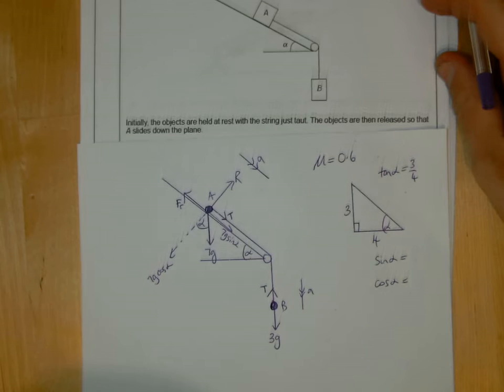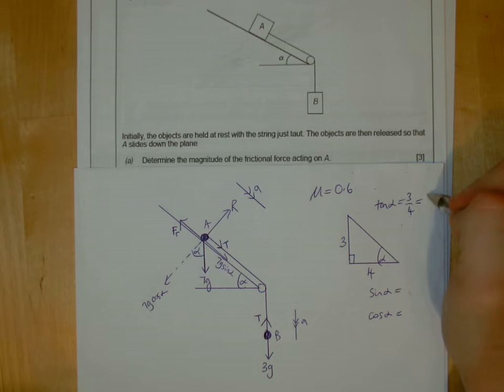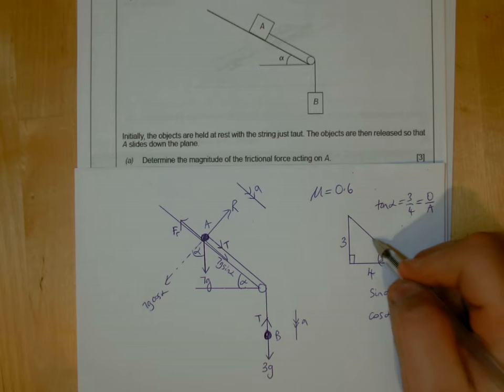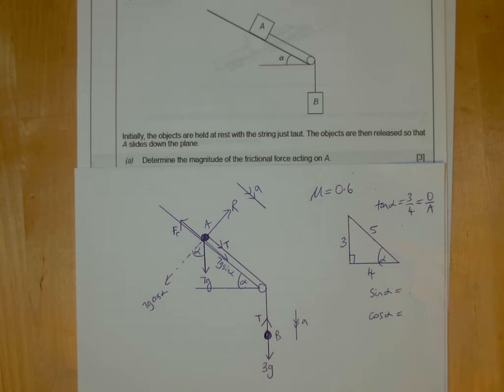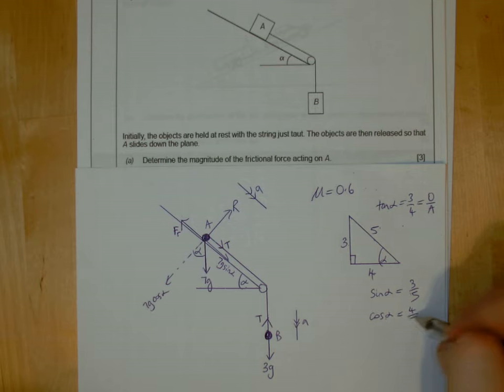In terms of angles, tan alpha is 3/4, as it says in the question. Tan is TOA, opposite over adjacent, so the opposite's 3, adjacent's 4. The hypotenuse has got to be 5, because it's a 3, 4, 5 triangle, and you can use Pythagoras. So sine alpha is opposite over hypotenuse, 3 over 5. Cos alpha is adjacent over hypotenuse, 4/5.